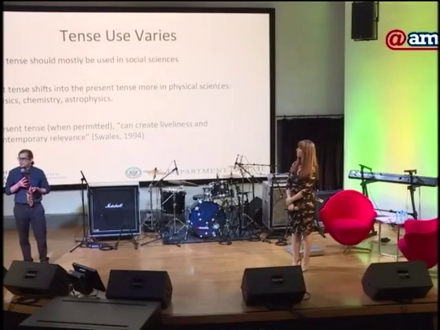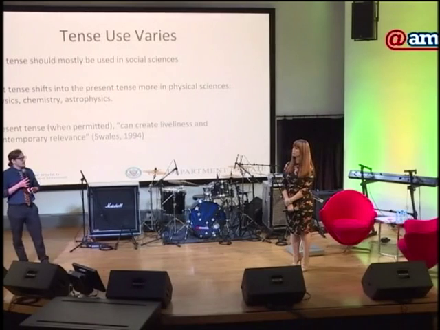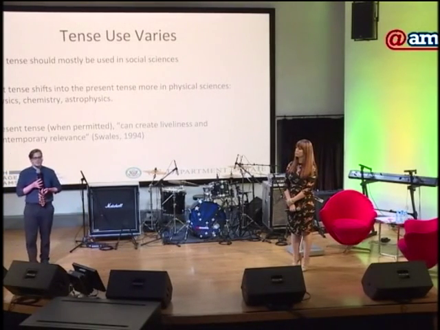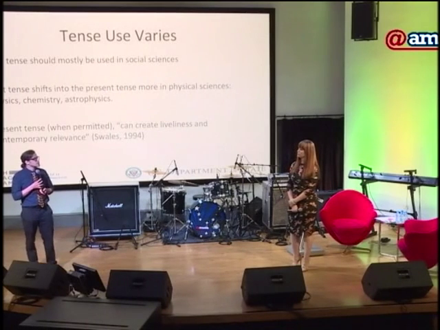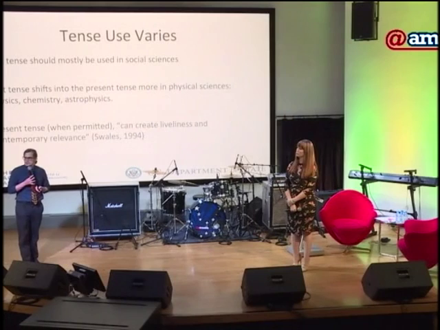They want to show that the research they are using is something that is modern and useful contemporarily, and not something that was studied before. So it does create liveliness. It makes the research fresh and alive if you use present tense. But that's usually more in the physical sciences and not so much in the social sciences.